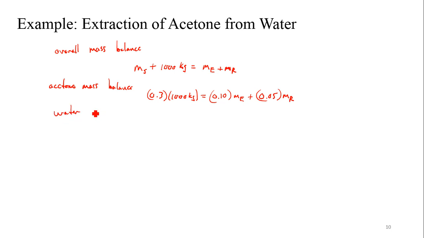Let's do a water mass balance. Coming in our feed, it was 70%. Going out, there's water in both the extract and the raffinate phases. In the extract phase we had 0.03 mass fraction, and in the raffinate phase we had 0.93 mass fraction. So now we've got three equations, three unknowns.